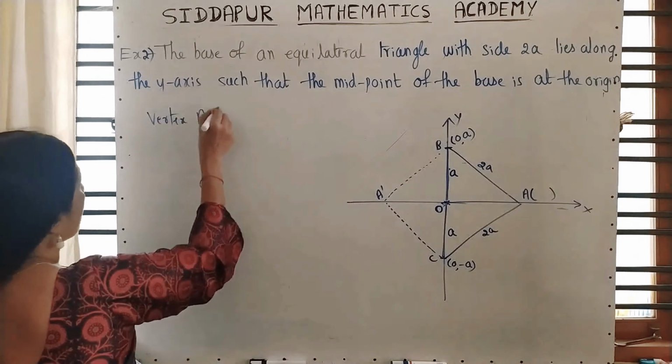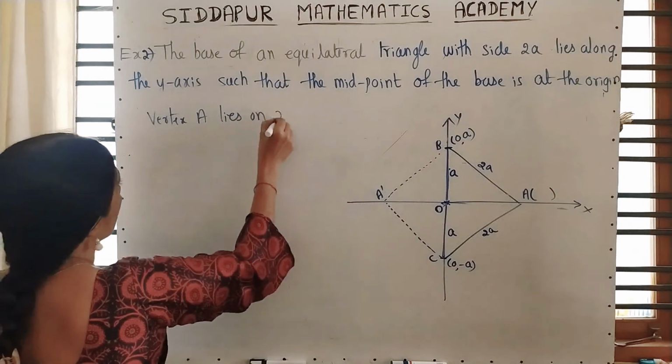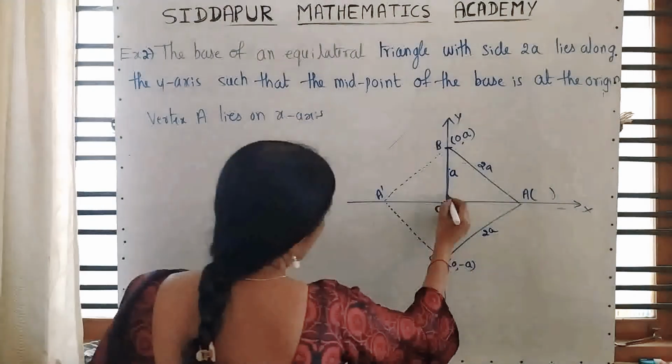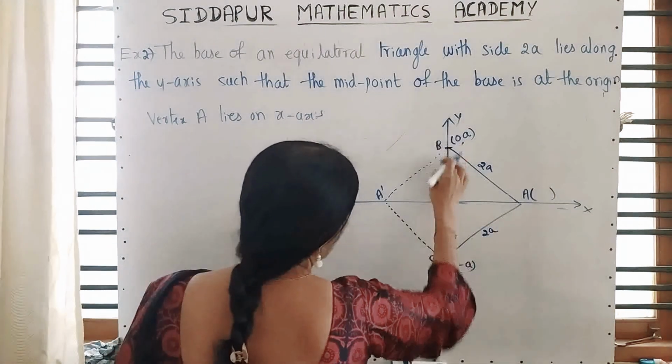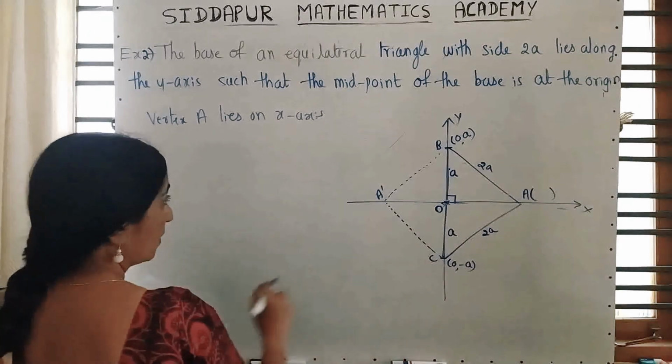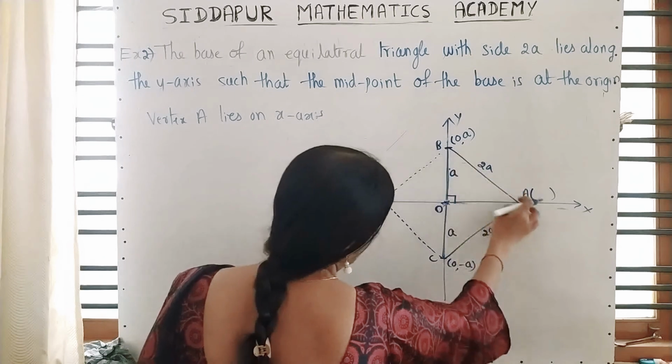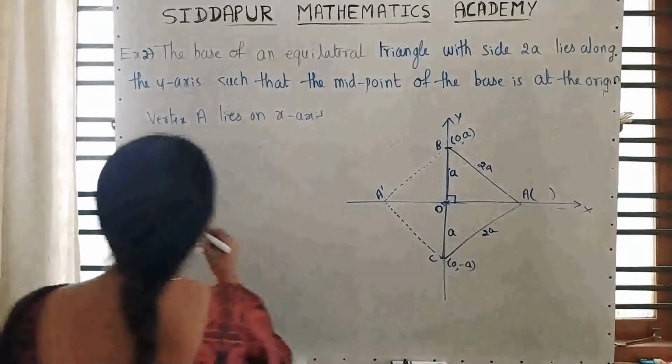Vertex A lies on x-axis. Now, see, this is the 90 degree because this is x-axis and this is y-axis. You know a and you know this. You know OB, AB, but don't know OA.